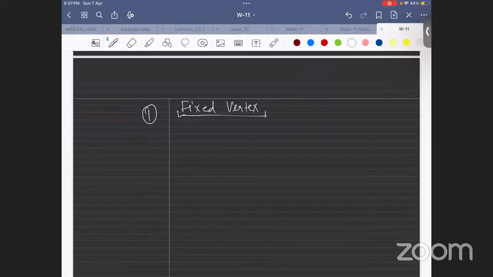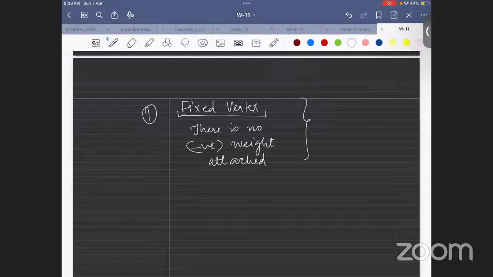If there are no negative weights attached, then you can use Dijkstra's algorithm.